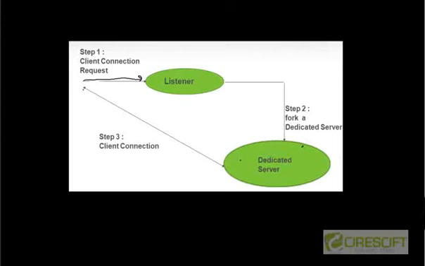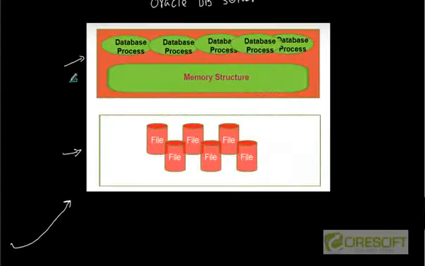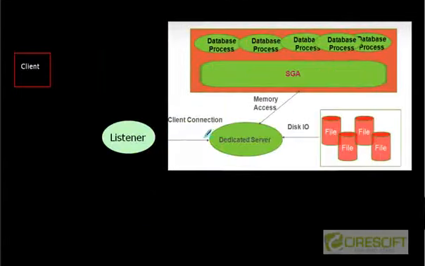Okay, so we started our diagram with this, and this is what we reach now. A client comes to the listener, and the listener creates a dedicated server 1. Let's say this is client 1, so this is dedicated server process 1, and the client is going to directly talk to that dedicated server.